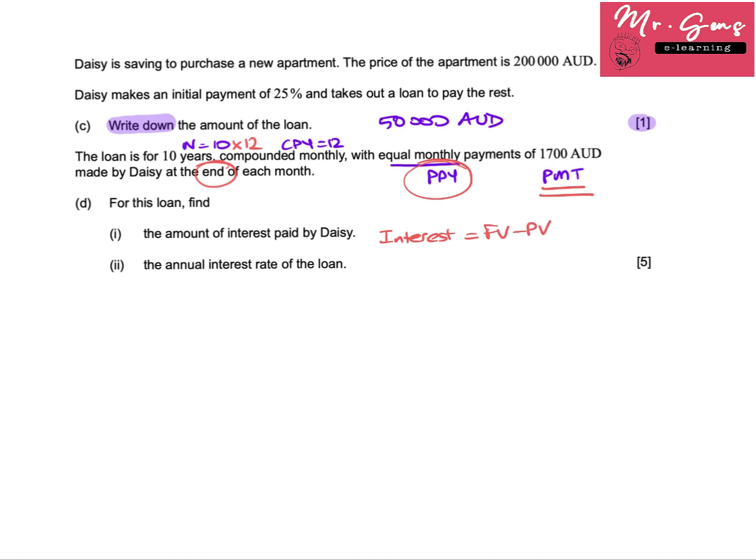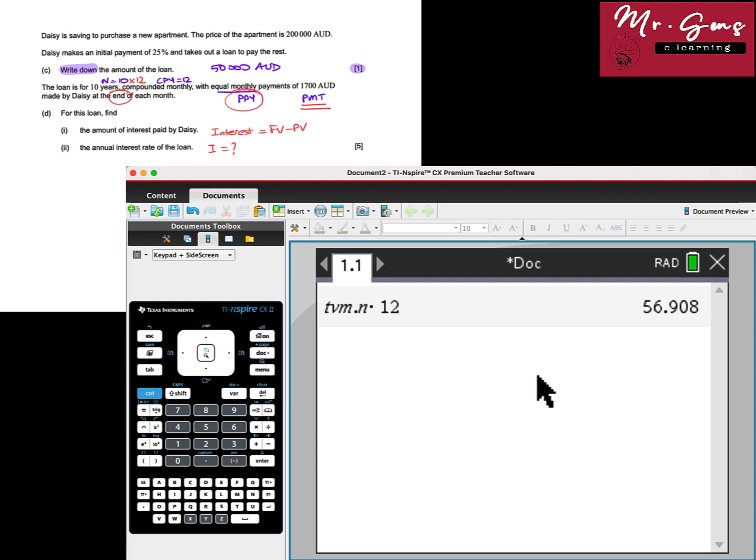The second part is asking for the annual interest rate. The loan is for 10 years with monthly payments, so 10 times 12 times 1700. The total amount paid is 204,000. If you find the difference, it will be the interest you pay to the bank.